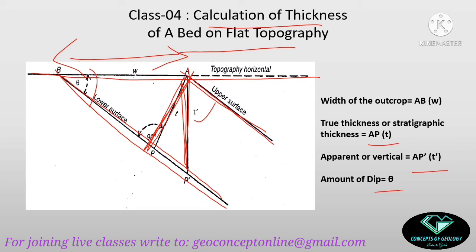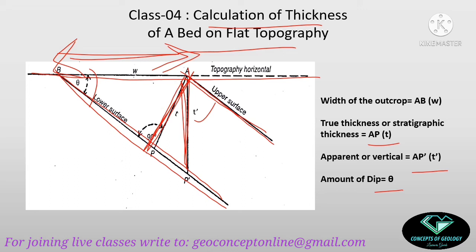So these are the parameters given, and I need to construct the formulas, the trigonometric equations, to find out the T, T dash or W, okay. So I am having three variables here, W, T and T dash, and also theta, four variables, okay. So I need to make trigonometric relationships between T, T dash, W and theta. Normally during the field work we will have this W, we can measure the width of the outcrop in the field, okay.